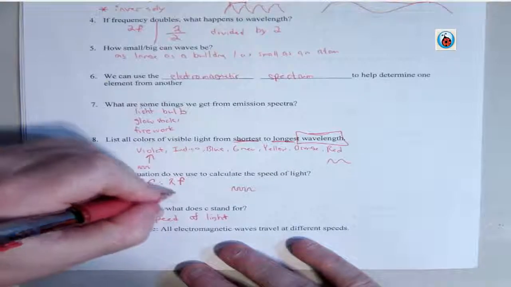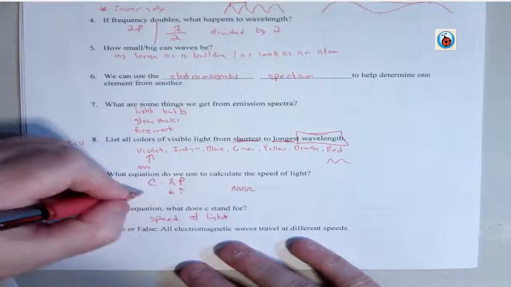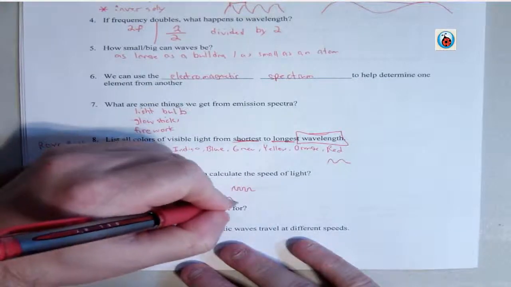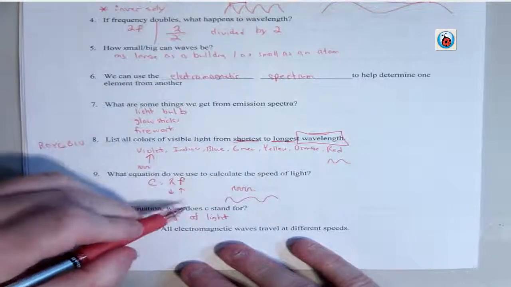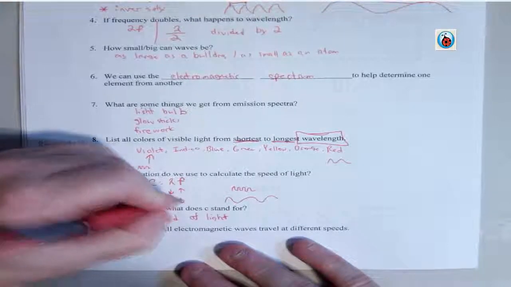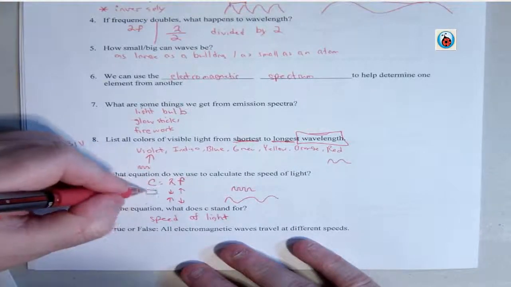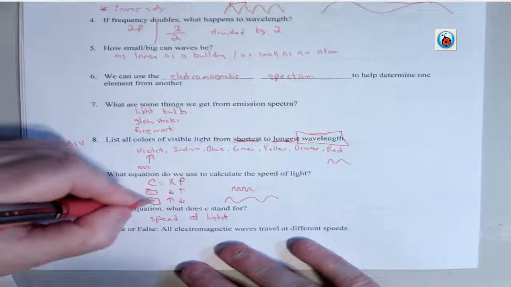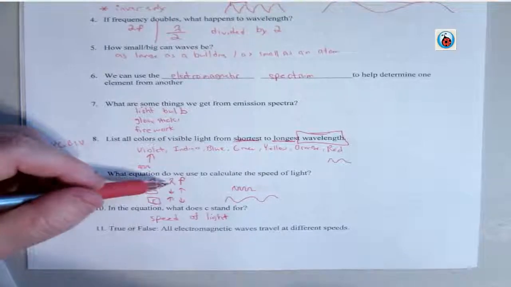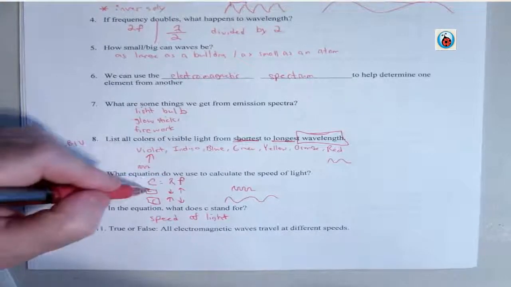So if this is small, this has got to be high. So then again, it balances this out. And likewise, if I have a large wavelength, then this is big and the frequency is small. And again, this number is still consistent, right? So there's a formula for it, but this C is always the same.